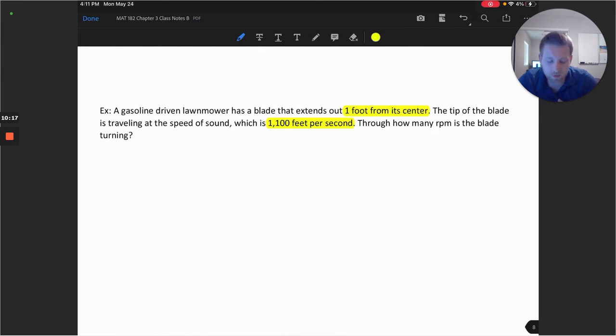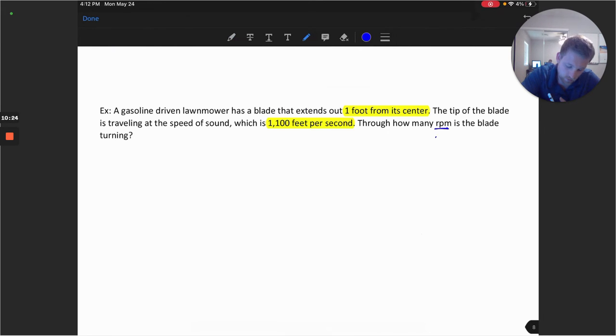So really, RPMs is another way of talking about angular velocity. So let's consider what we'll have here. We know we have a linear speed.